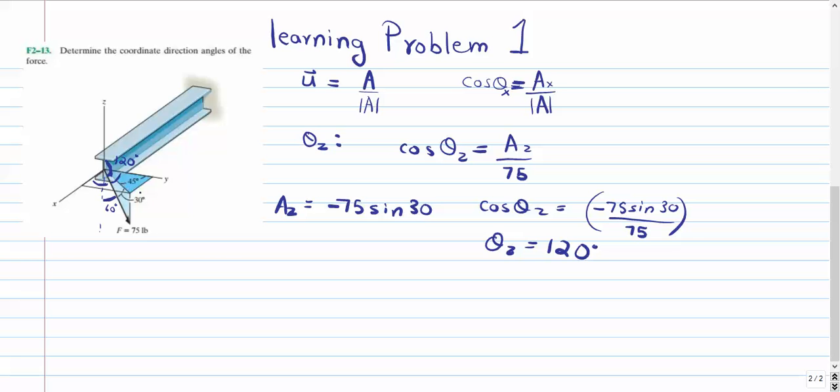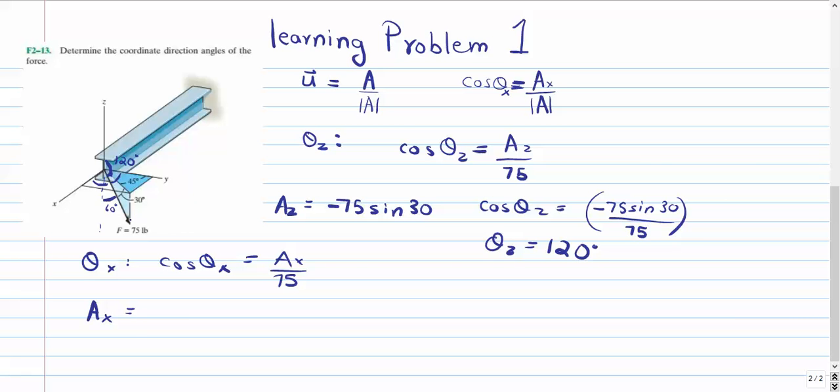Okay, so let's move on to find theta x. So let's write down the formula first. Okay, so now we need AX, or the component of the 75-pound force along the x-axis. So right now I'm going to use a procedure that you might not have seen before.